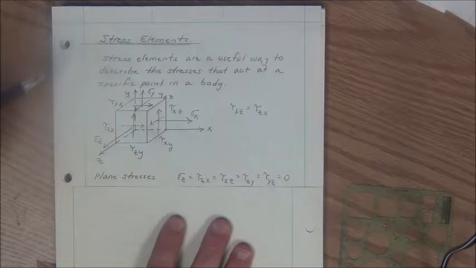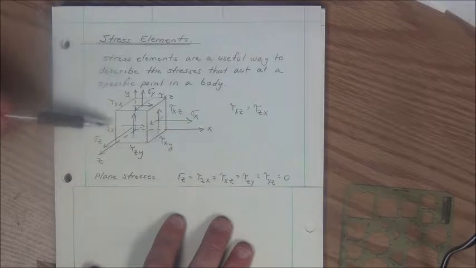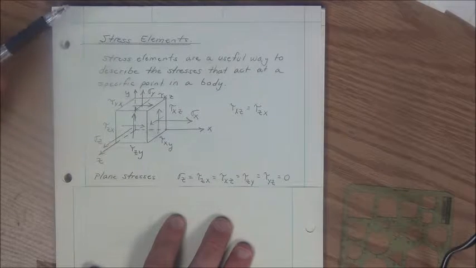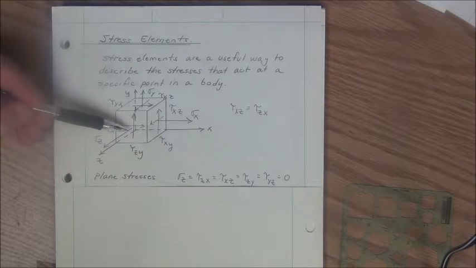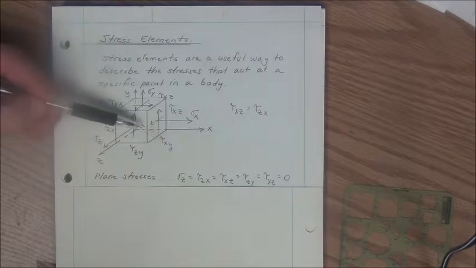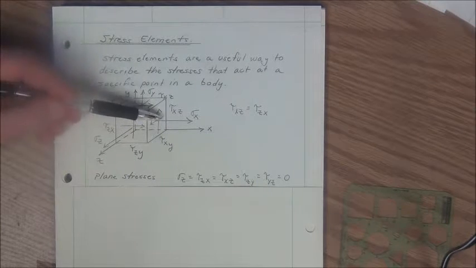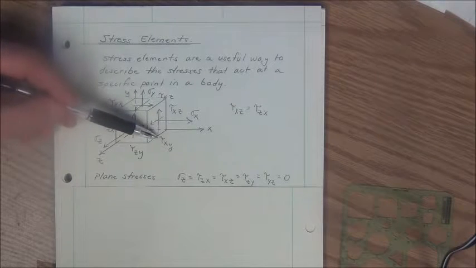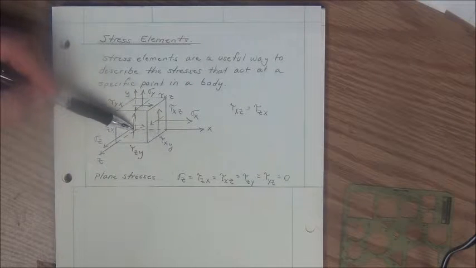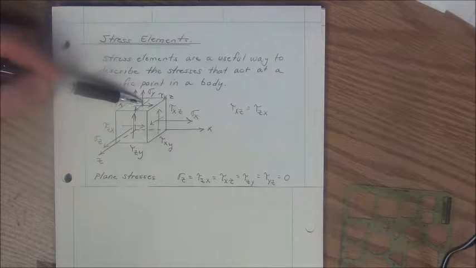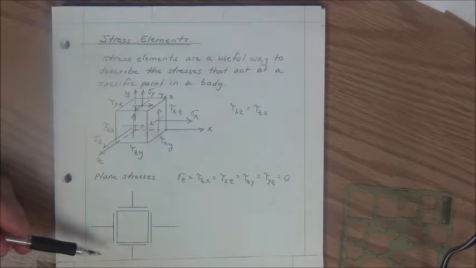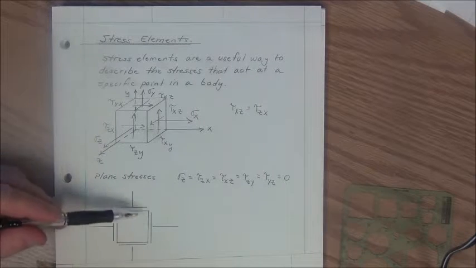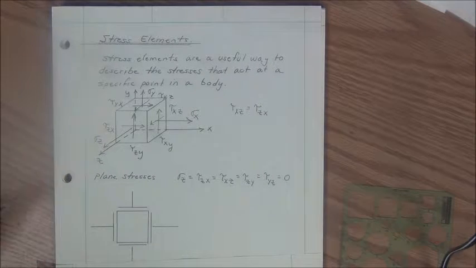When we do that, this three-dimensional stress element will reduce to a two-dimensional stress element. So if sigma z goes to 0, tau zx goes to 0, tau xz goes to 0, tau zy goes to 0, and tau yz goes to 0, it can be seen that we are left with a stress element that is two-dimensional.